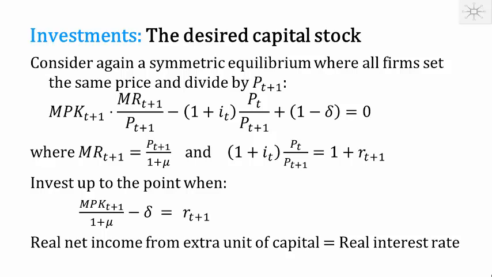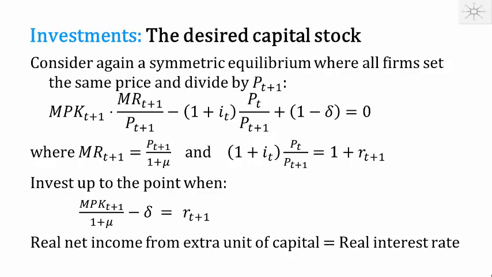So this was a bit complicated, but the result is very intuitive. The thing on the left-hand side, that's the real net income from an extra unit of capital. In real terms, you get somewhat less than the marginal product of capital because as a monopolist you have to reduce the price when you sell more, and from that you have to deduct the depreciation, which reduces the return on investment.